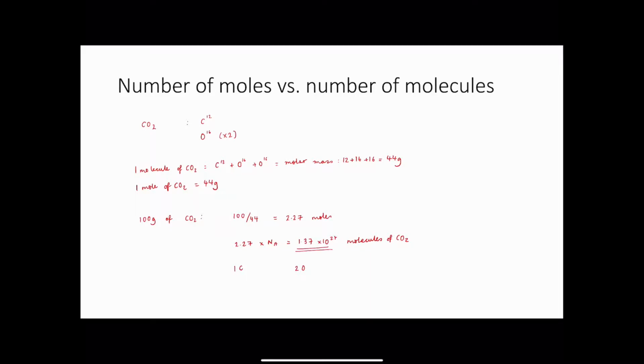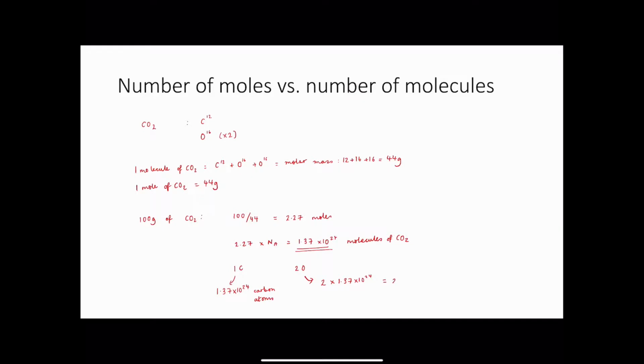So therefore, number of atoms wise, we'd have 1.37 times 10 to the 24 carbon atoms, but we've got 2 oxygen atoms making up our carbon dioxide molecule, so we're going to have 2 multiplied by 1.37 times 10 to the 24.